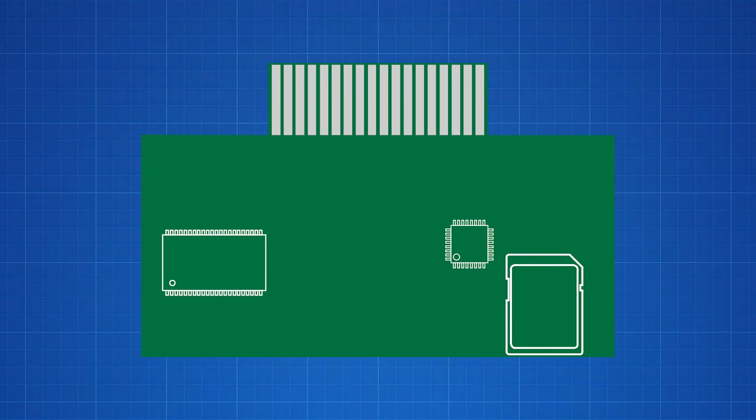The last thing you'll find on all flash cards is some number of logic chips, which do things such as address decoding or bank switching. One option is to include discrete 74 series logic chips, but flash cards have limited space, so cramming a bunch of these chips on the board might be challenging. Instead, most flash cards have replaced these logic chips with something that's programmable, such as a complex programmable logic device, or CPLD.